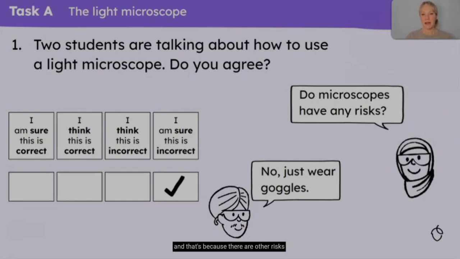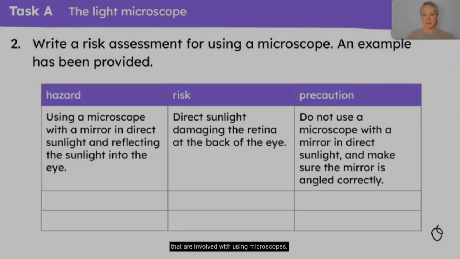That's because there are other risks involved with using microscopes. So let's put that knowledge to the test. Can we write a risk assessment for using a microscope? An example has already been provided. The hazard, the thing that is going to cause the risk, is using a microscope with a mirror in direct sunlight and reflecting the sunlight into the eye.